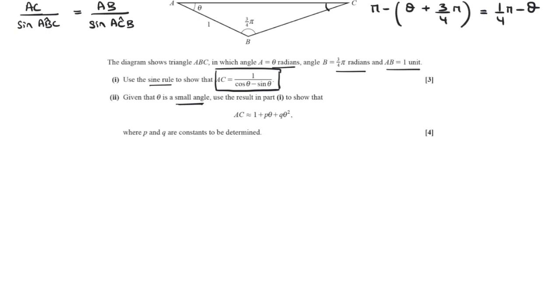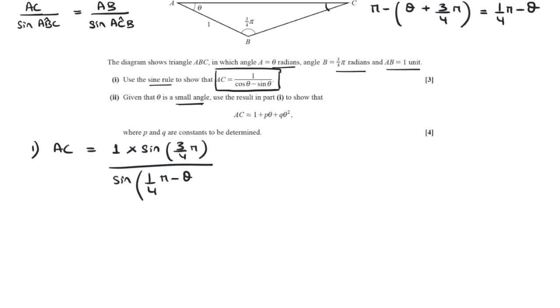So that's angle C. If we now put everything that we know into our sine rule equation, we end up getting AC equal to AB, which is 1 unit long, times sine of angle ABC, which is sine of 3/4 pi, divided by sine of angle ACB, which is sine of 1/4 pi minus theta.